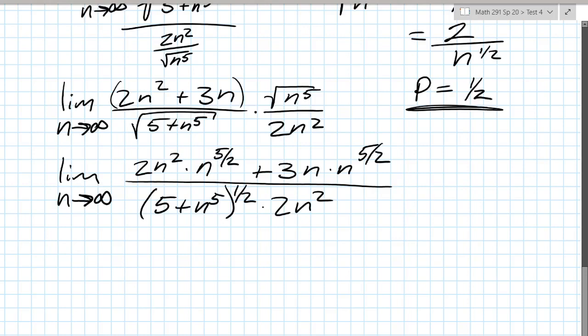Well, it would be the largest power that we see of the denominator. So I'm thinking we could multiply the numerator and the denominator by 1 over n to the, well, 5 halves plus another 2 is going to be what? Let's see, is that 9 halves?